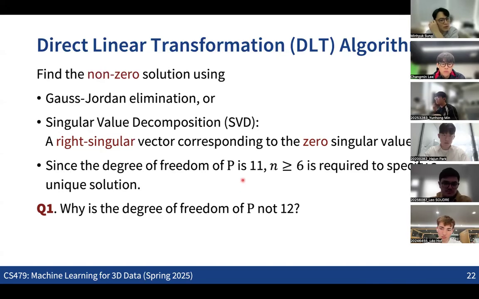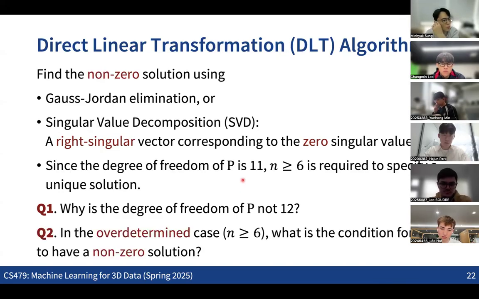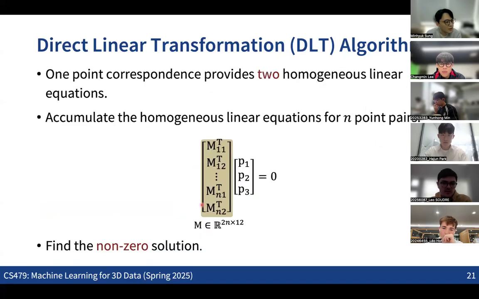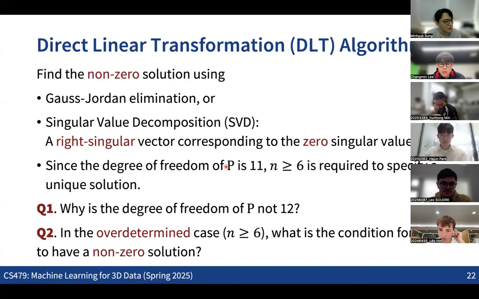But also here, the question is: in the overdetermined case, when we have more than 11 equations, what is the condition for the matrix M here to have a non-zero solution?